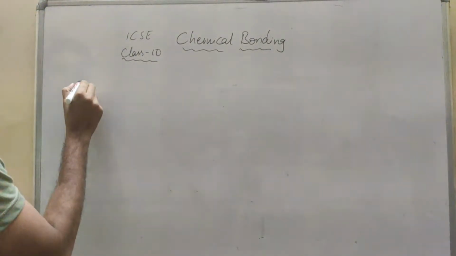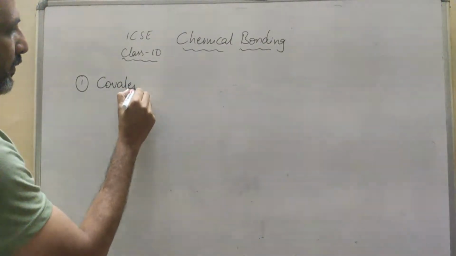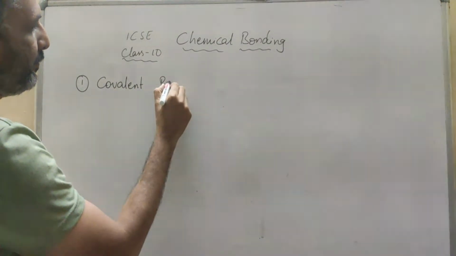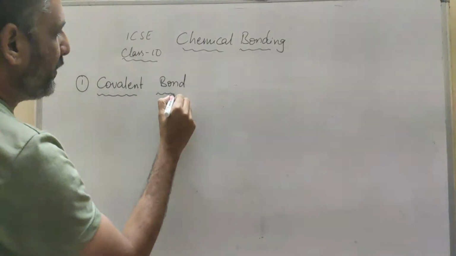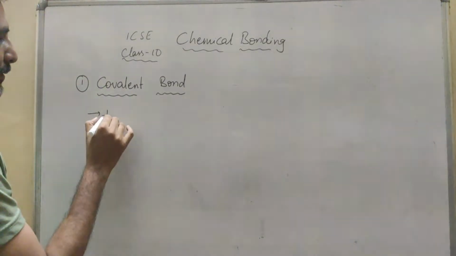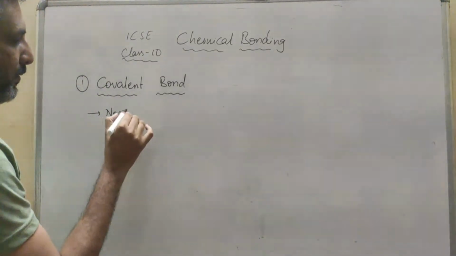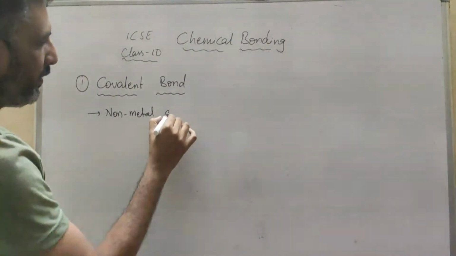Let's see the first type of bond, that is the covalent bond. The first point you have to remember in this covalent bond is that this bond is formed between non-metal and non-metal.